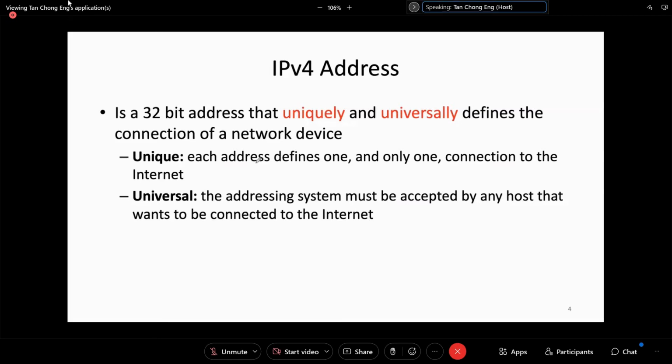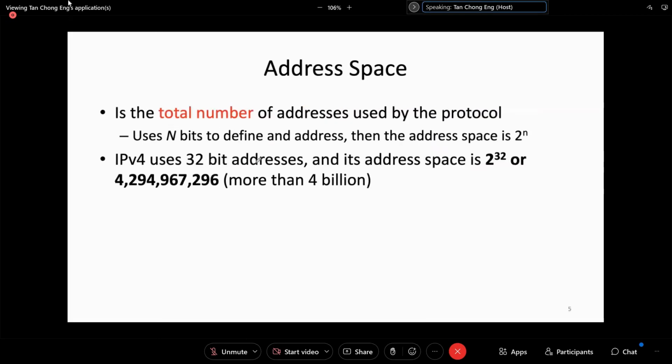So 32 bits will run out. It gives you something like 4 billion addresses, which is actually not sufficient. Based on today, if you imagine Unimas is a big campus, how many users, how many students?